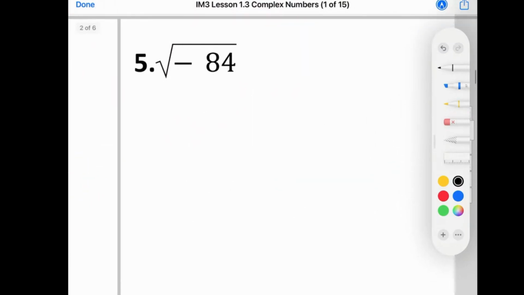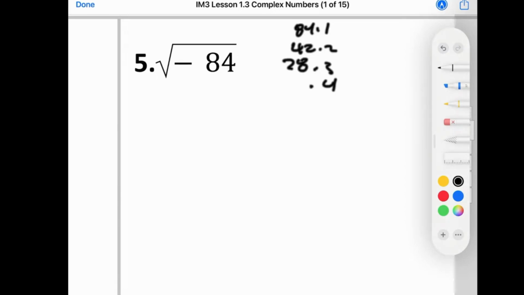Let's look at negative 84. Factors: 84 times 1, 42 times 2. How about 3? Does 3 go in there? 3 times 28, yes, 84. Let's see if 4 goes in there.